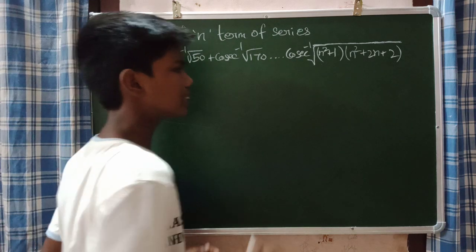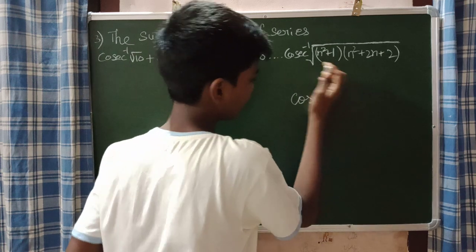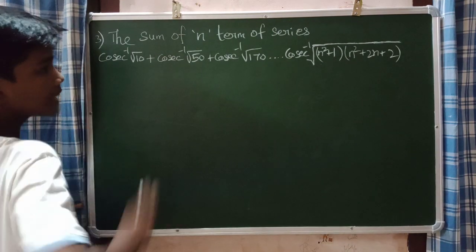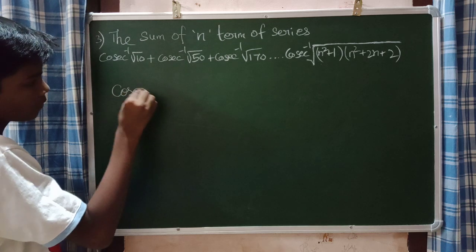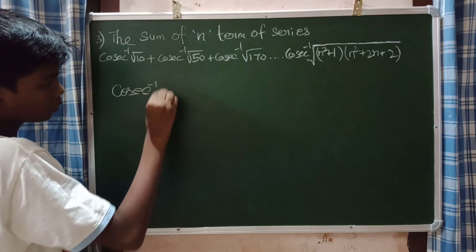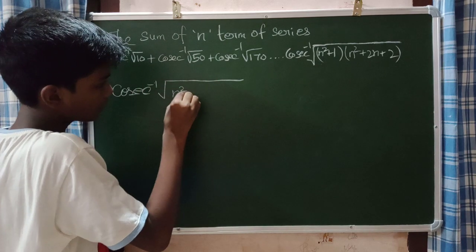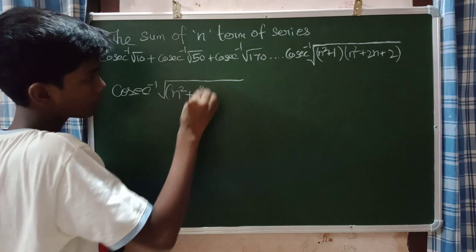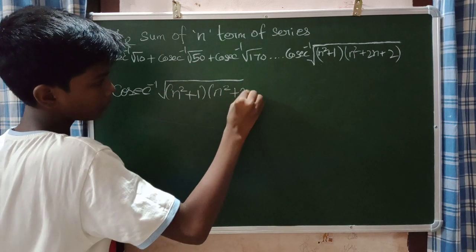The general term of the series is cosecant inverse of root of (n² + 1)(n² + 2n + 2).